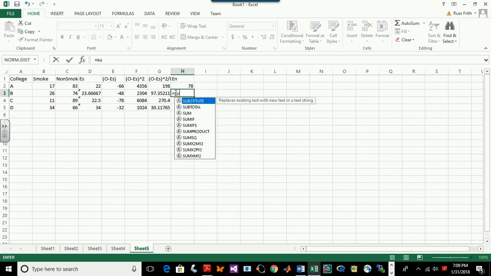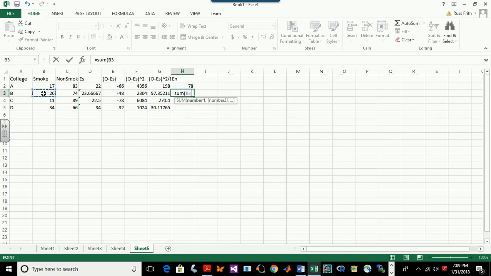Here we would have the sum of the row times the sum of the column divided by the grand total.